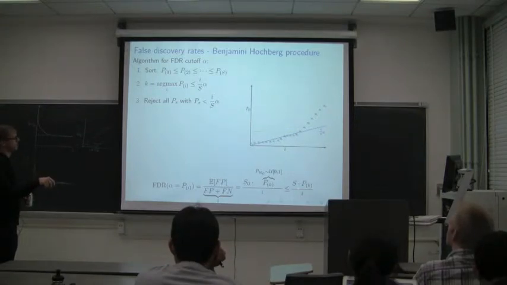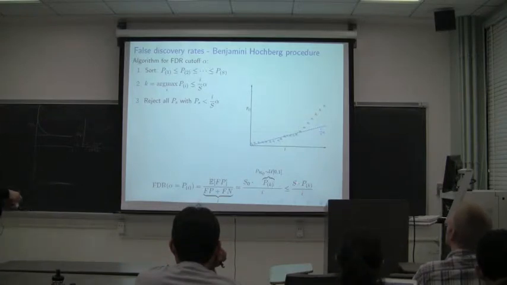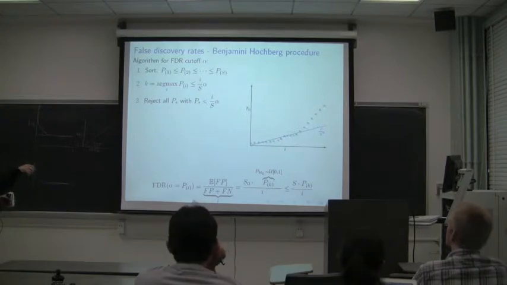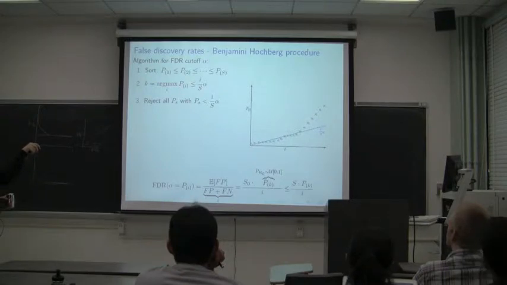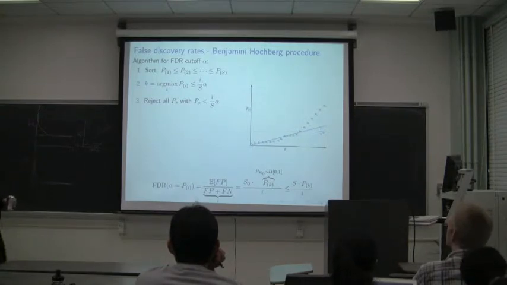The estimate of the false discovery rate is S over I times P. So if we want S over I times P to be smaller or equal to alpha, we bring S over I to the other side by dividing by it.